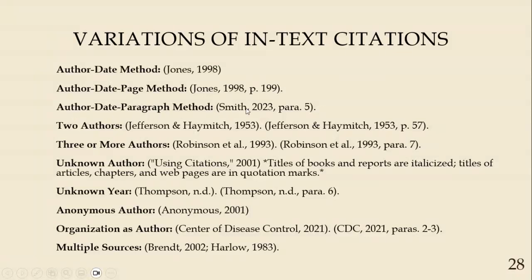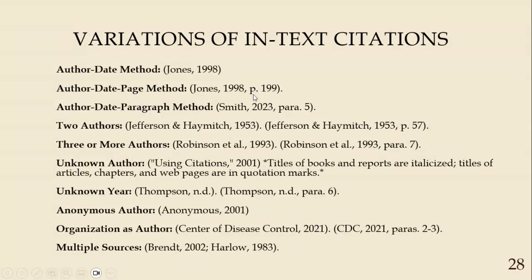Now, the author date paragraph method looks a little different. You'd have the last name, the year of publication, and then the abbreviation para for paragraph. Now, you might ask yourself, why would I use a page number over a paragraph number or vice versa? Most online journal articles that you find in the virtual library are going to have some sort of page number, because typically everything in the virtual library is also published in some sort of journal article that eventually goes into circulation.